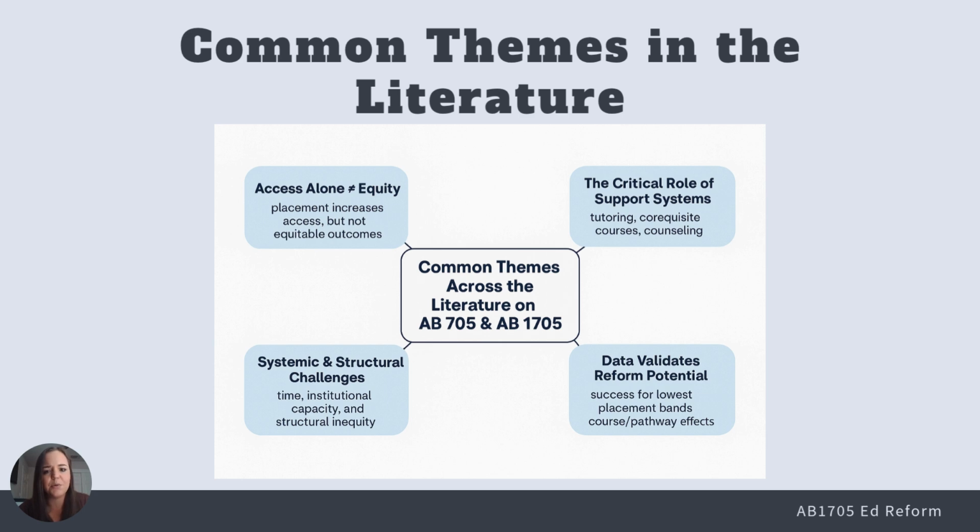The critical role of support systems, so tutoring, co-requisite courses, counseling, all of that is going to be very important to make sure that students are succeeding in these classes. Data validates potential reform potentials, so success for the lowest placement bands, course pathway effects. So all of those things kind of go hand in hand. And then systemic structural challenges: the time, the institutional capacity, structural inequity.